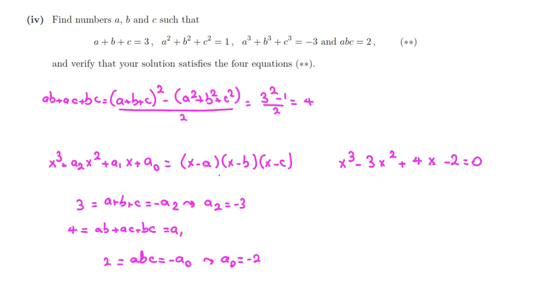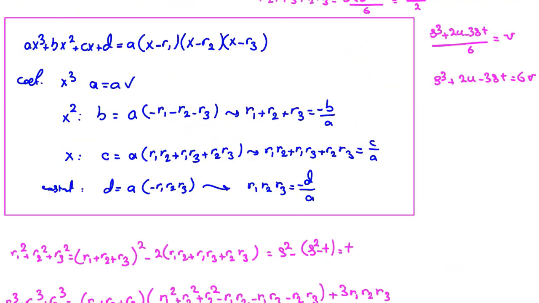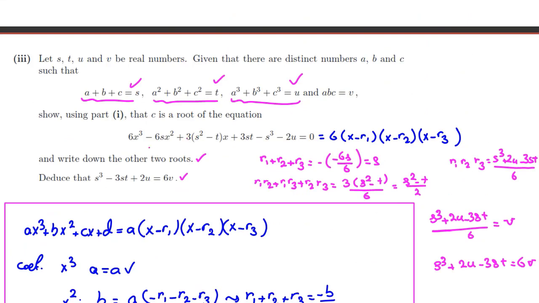Now, we want to find one root. If we replace x with 1, it is good, because if x is 1, then it will be 1 minus 3 plus 4 minus 2. 2 minus 2, 0. So x1 is one root. Okay? And let's also consider the previous part. One answer is 1. Here, if we replace x with 1, it will be 6 minus 6s plus 3s squared minus 3t plus 3st minus s cubed minus 2u.